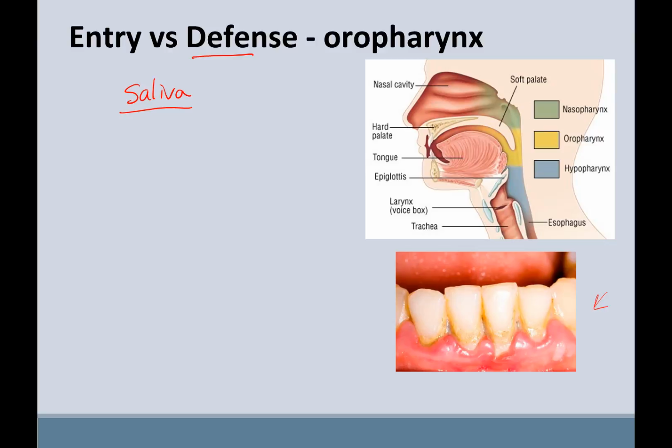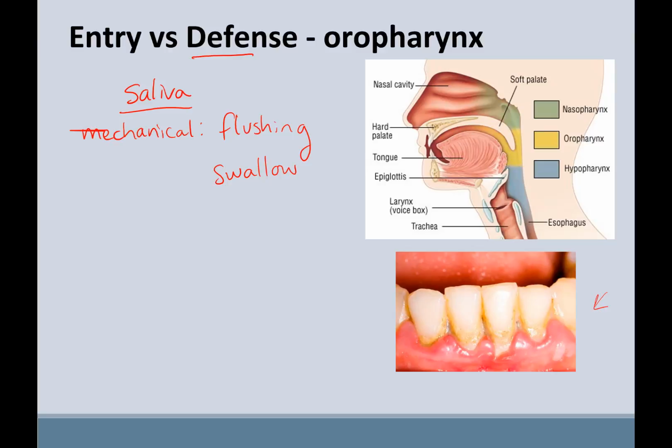So saliva has some mechanical defense mechanisms, which is flushing, right? So every time you swallow, you're taking microorganisms that are in your mouth and moving them basically into your stomach, right, where a lot of the acid can digest.